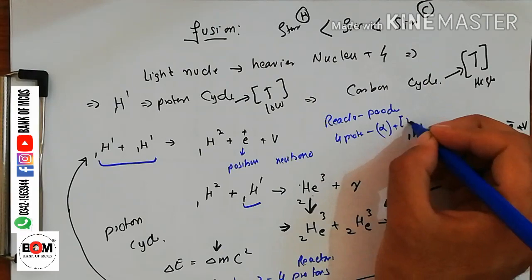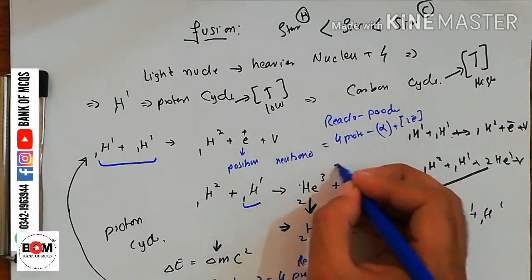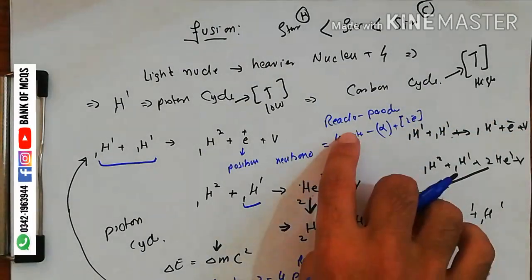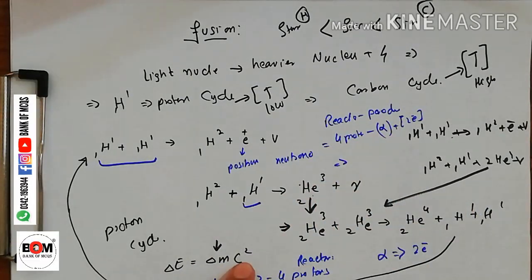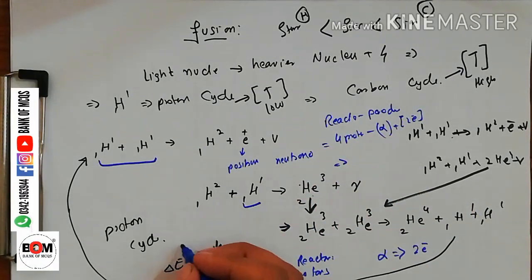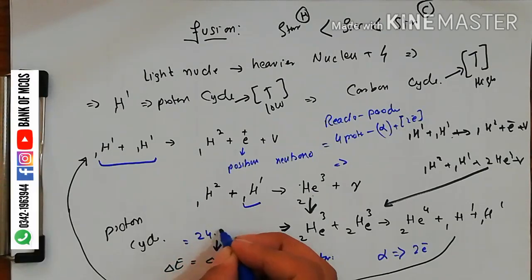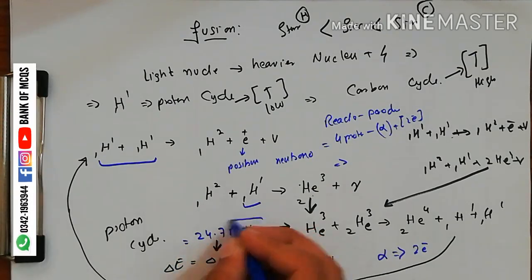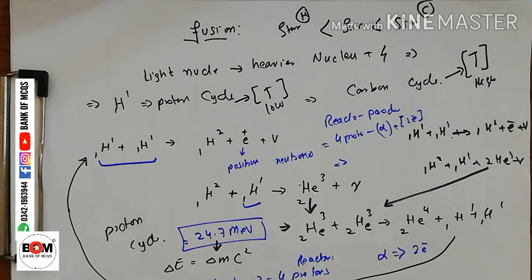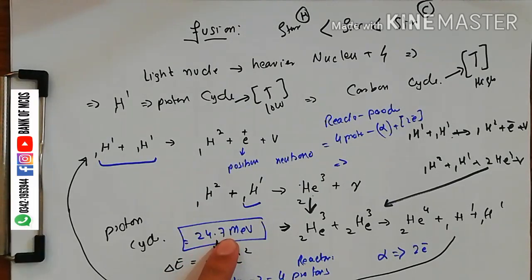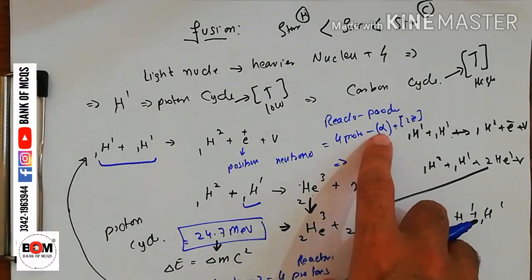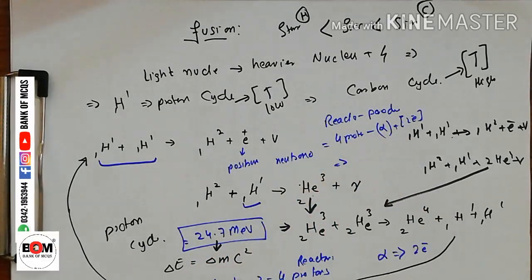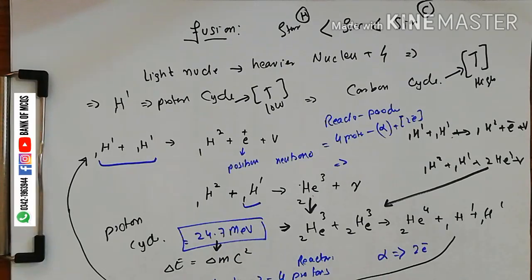If we find the delta M of these and multiply by c square, the energy produced is 24.7 mega electron volt. Just remember this point, but this was the basis for calculation: this 24.7 mega electron volt is produced from the change in mass, that is 4 protons minus alpha particle plus 2 positrons. So this is the proton cycle.